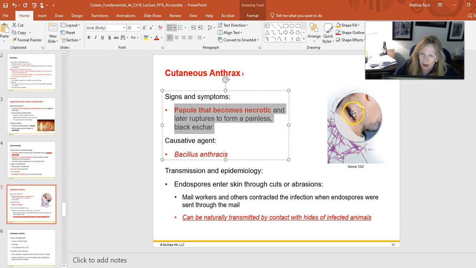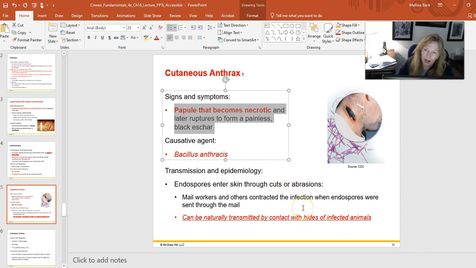But again, when people have these kind of lesions, they usually seek medical attention, so it's going to be diagnosed hopefully pretty quickly and taken care of with antibiotics fairly quickly as well. If it's cutaneous, as long as it hasn't become systemic, it can typically be treated.